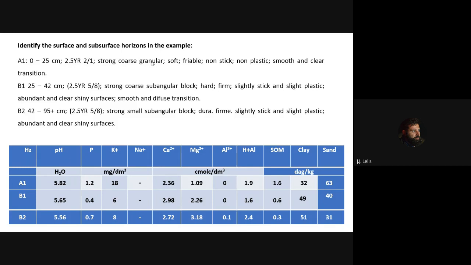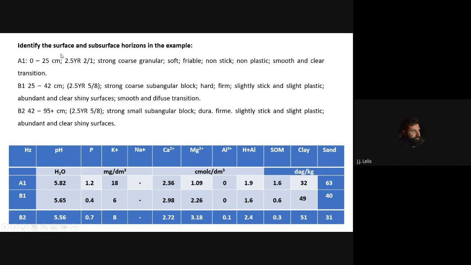Okay. The consistency of this horizon, it's soft when dry, so it can be easily broken. It's friable when moist, and non-sticky and non-plastic when wet. Okay, and they possess a smooth and clear transition to the other horizon, the B1 horizon.